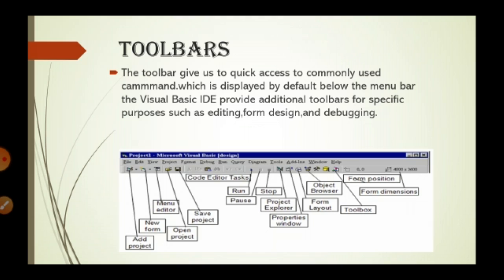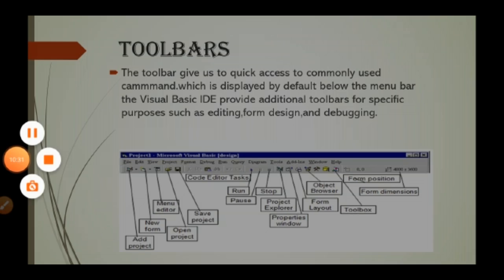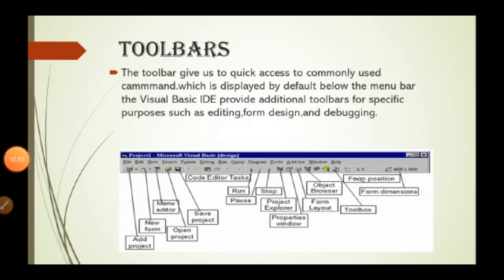Under the menu bar, the toolbar consists of add project, new project, menu editor, open project, save project, multiple types of commands. So this is used for quick access at the time of designing our application.